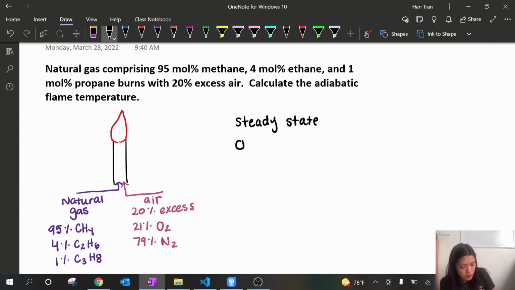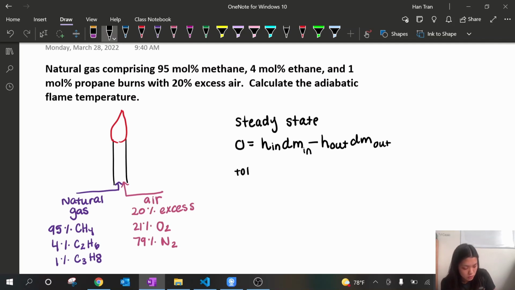we can conclude that the enthalpy per unit mass going in multiplied by the change in mass, minus the enthalpy coming out per unit mass multiplied by the change in mass, is going to be equal to 0.